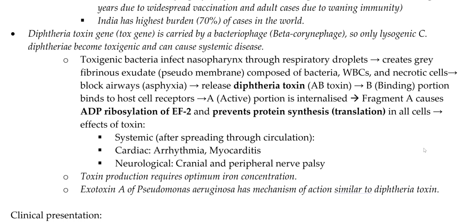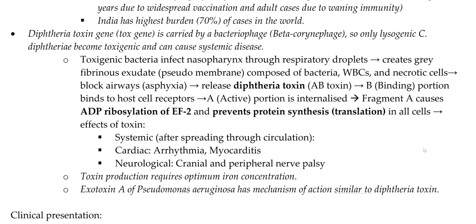And bacteria multiply there and release diphtheria toxin. Now, diphtheria toxin is an AB toxin, that means it has A component and B component. The B or binding portion is responsible for binding this toxin to the host cell receptor. And the A portion or active portion is then internalized. And this active portion then causes the main mechanism, that is, it causes the ADP ribosylation of elongation factor 2, and this elongation factor 2 is involved in translation, that is protein synthesis.